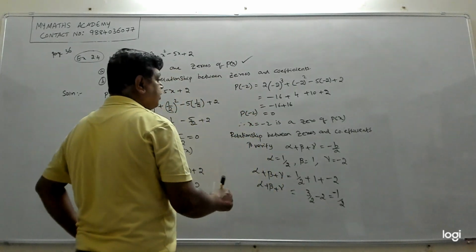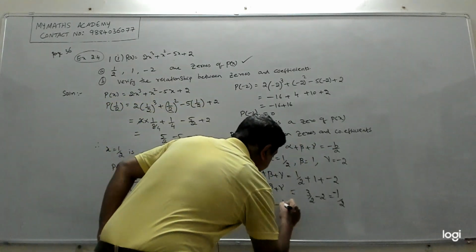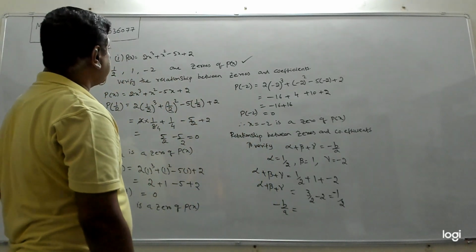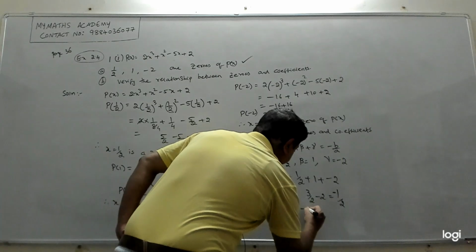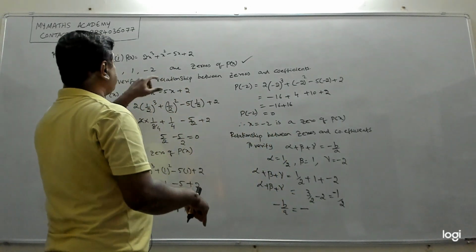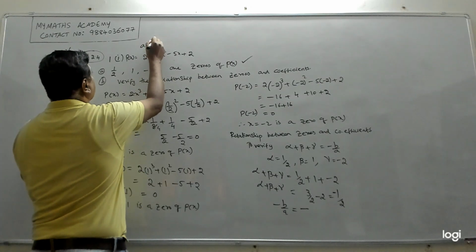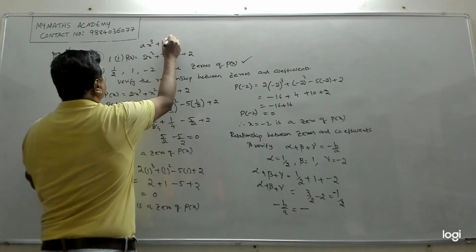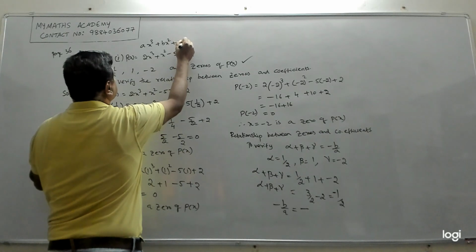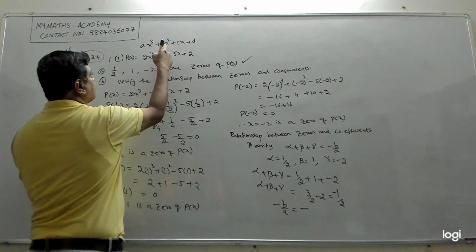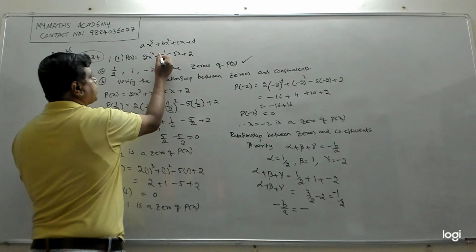Now we will find the value of minus b by a. Minus b means minus the coefficient of x square. If we compare this with the general form of a cubic polynomial, ax cube plus bx square plus cx plus d, b is the coefficient of x square, which is 1, because nothing is written, which means 1.